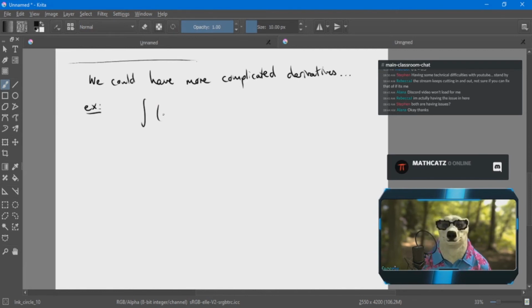If, for example, I have (x squared plus 1) times x, and I'm looking for the antiderivative of this. Given our experience up to this point with this new chapter, what would we do?